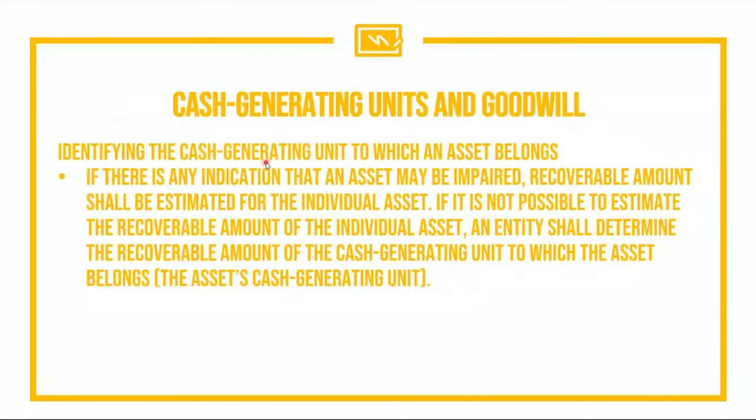So the next concern is, what if we are dealing with cash generating units? Because impairment for individual assets is very easy. In fact, if we try to value an individual asset, we can easily determine its fair value less cost to sell, or fair value less cost of disposal, and value in use, because we are only talking about a single asset.